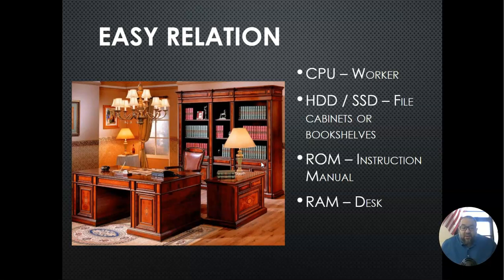Now, random access memory can be thought of as the desk of the computer. If you have a small desk, it's very hard to perform multitask functions. In other words, do a lot of things at one time. However, if you have a larger desk, it's easier to perform those functions. So the more random access memory you have, the more you can do at one time, with the limitation being, of course, what the actual CPU itself can perform.